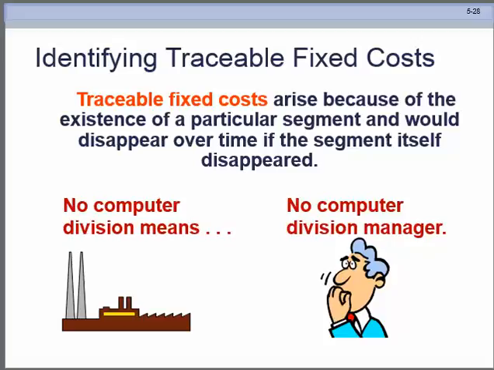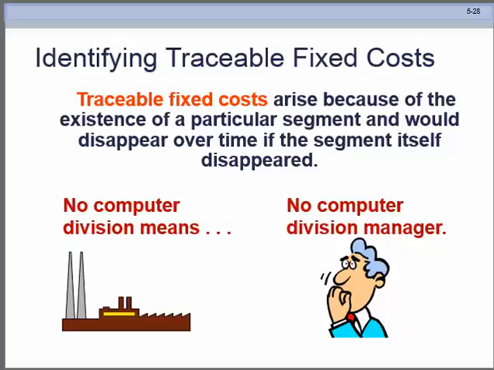So traceable fixed costs arise because if we got rid of one of those segments, then we wouldn't have the costs associated with that segment. So say we want to ditch the Cincinnati segment, okay, all traceable fixed costs associated with the Cincinnati segment would go away.